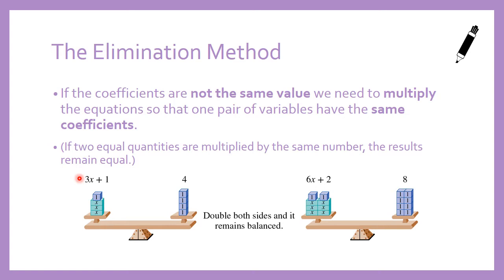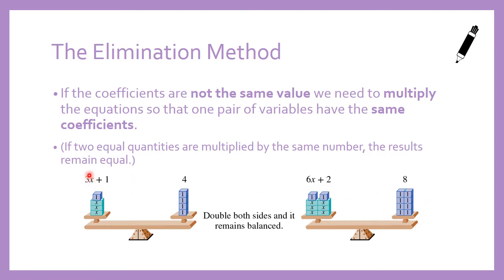If we have 3x plus 1 equals 4, so we have 3 x's and a 1 on this side and 4 1s on this side. If we double everything, so we double both sides, we have 6 x's and 2 1s make 2. And we double this, so we have 8.